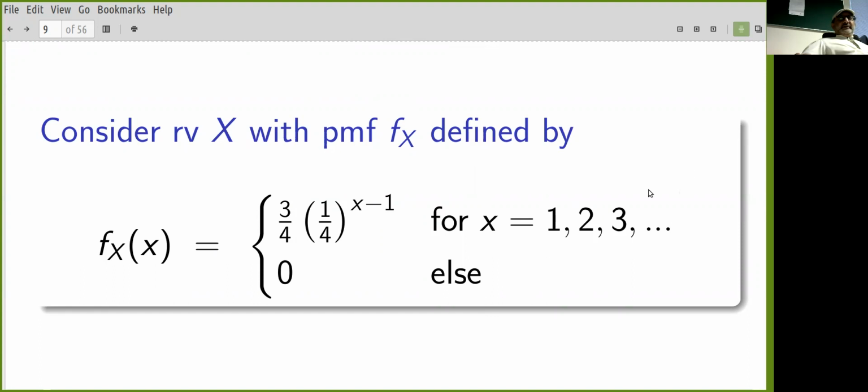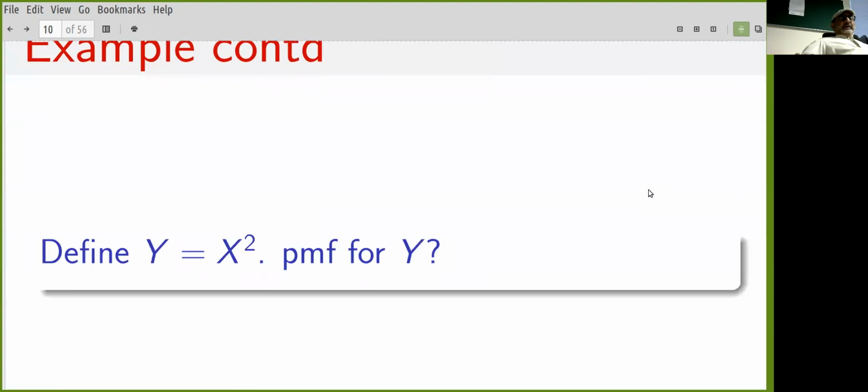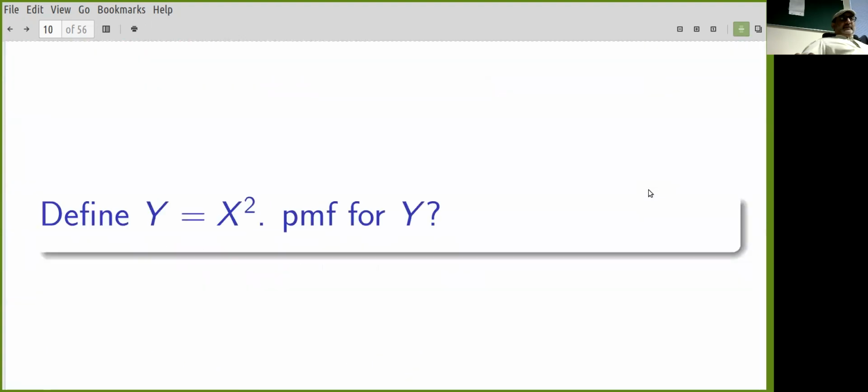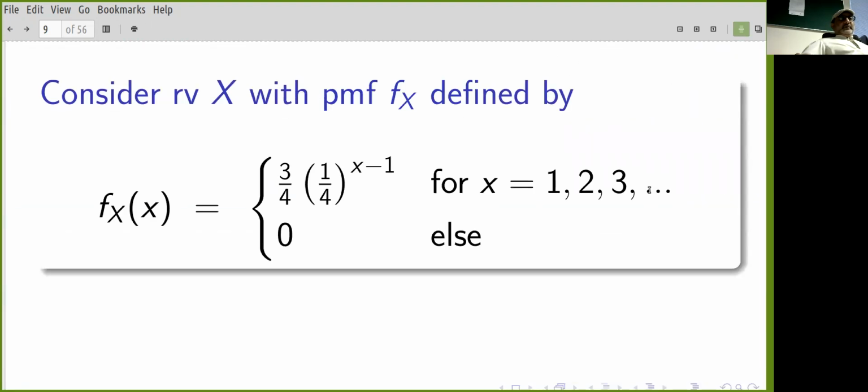And for the non-allowed values of x, the probability is set equal to 0. Now let's say that y is equal to x squared. How would we find the PMF for y? Well, y would take values 1 squared, 2 squared, 3 squared, and so on.